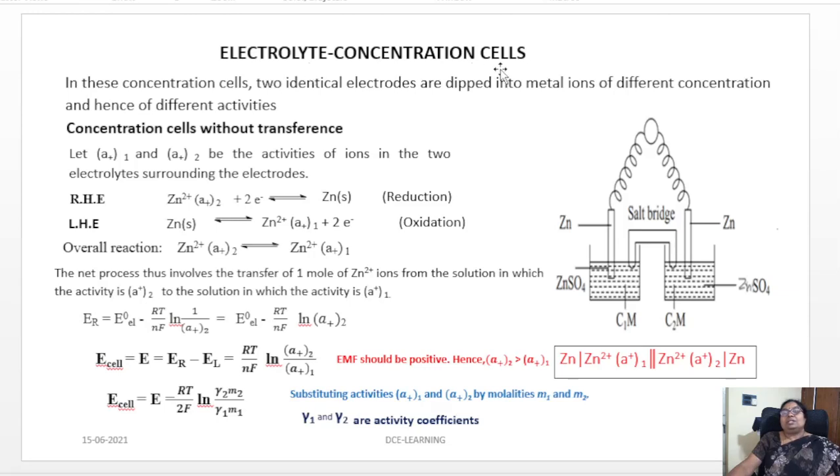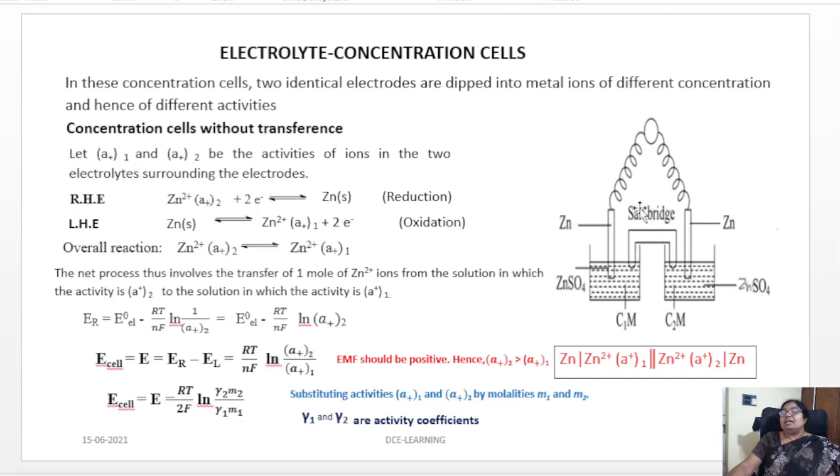Electrolyte concentration cells. In these cells, two identical electrodes are dipped into metal ions of different concentrations and different activities. Here both the electrodes are of the same metal, zinc, and they are in contact with a solution of the same ion, that is the zinc 2 plus ion.